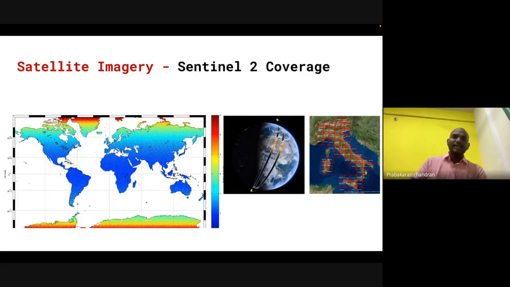So the world is divided into equal-size tiles, and you can see these tiles put over Italy here. Each and every tile will have a certain overlap, so that the data capturing has smoothness because of that overlap.